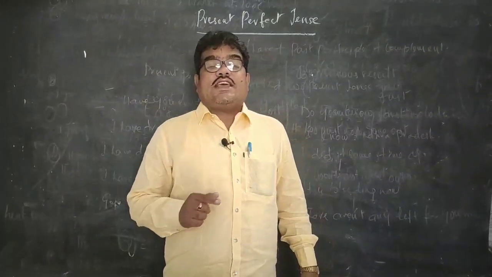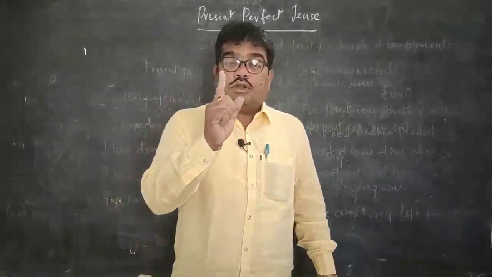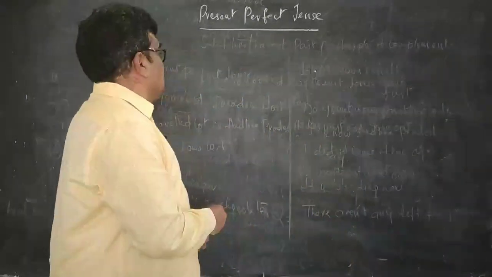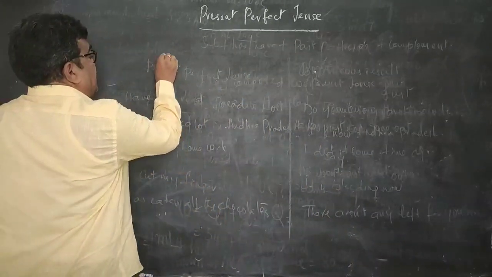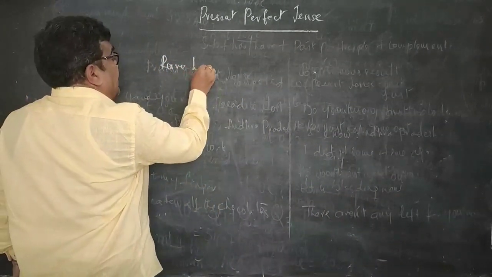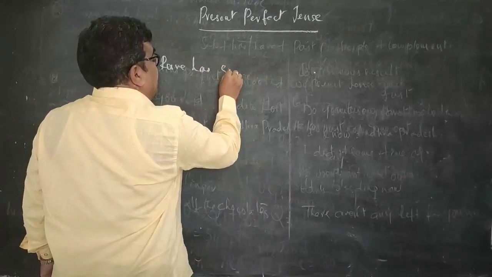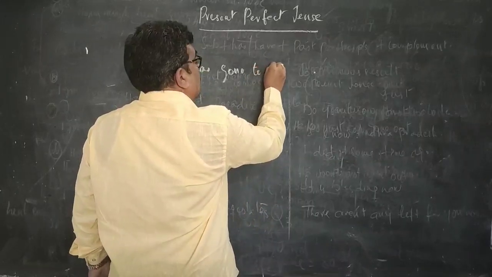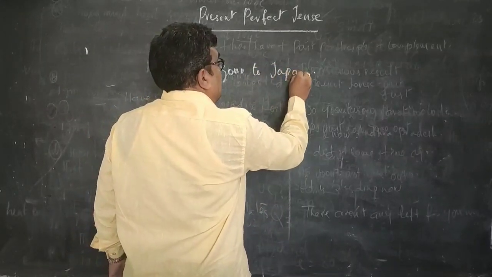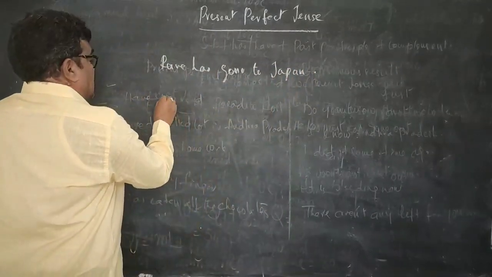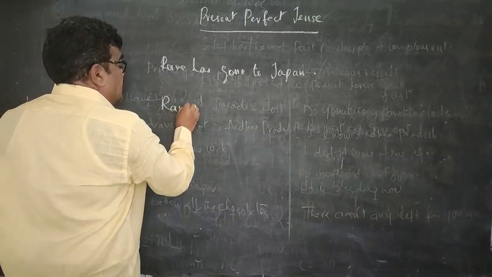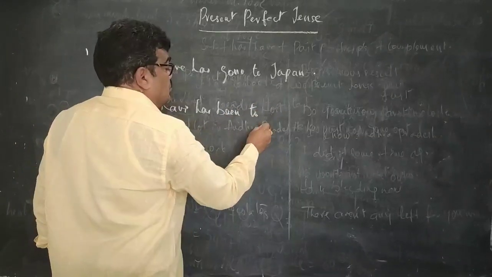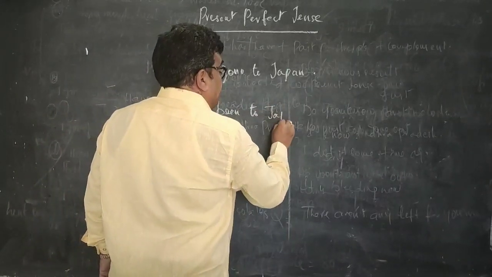You see this example in the two sentences and try to understand the meaning. Ravi has gone to Japan. Ravi has been to Japan.